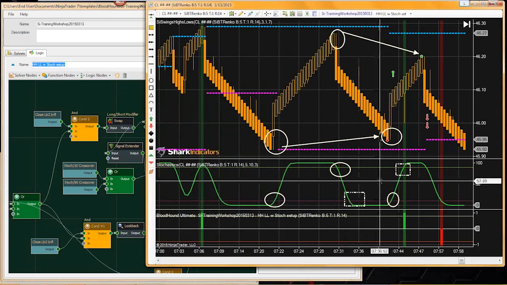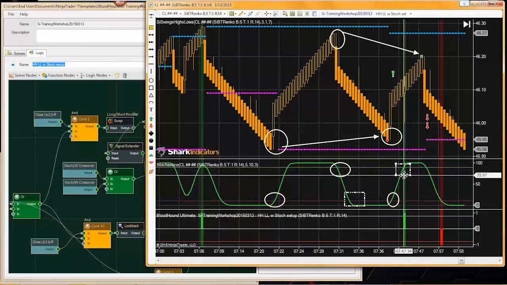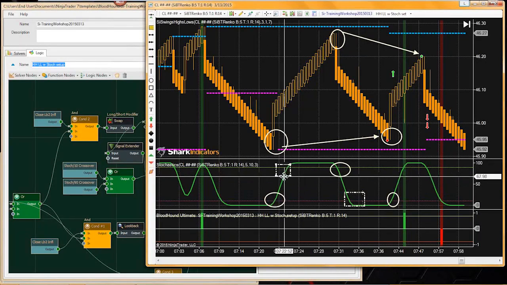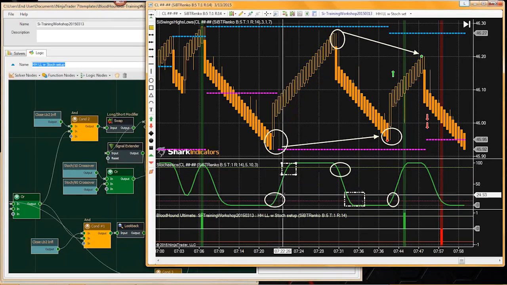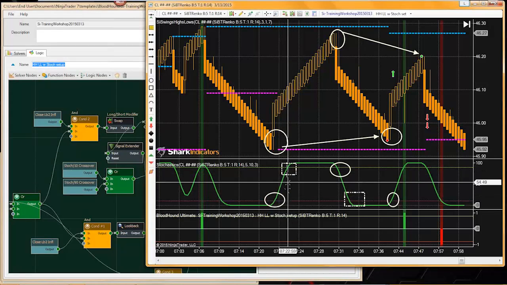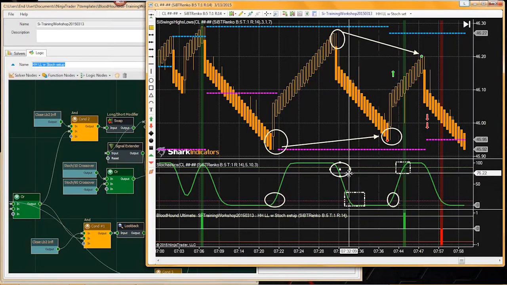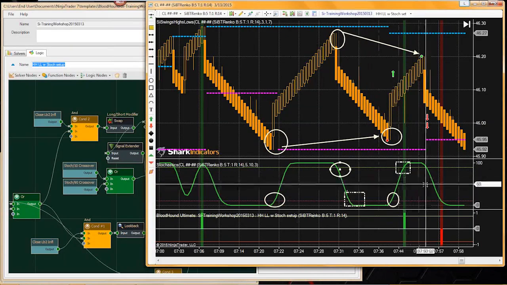Let's take a look at the chart. So far this is looking good, right? So we have a reset signal on this crossover, but we don't have one here. So there's one missing after condition 2. After condition 1 there's no reset, but after condition 2 we have a reset.